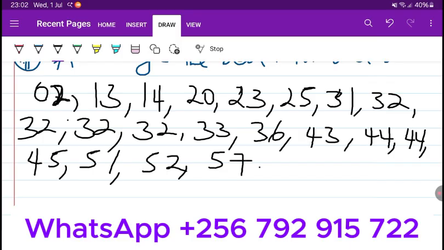Now, that is our first arrangement. We are still arranging the data.